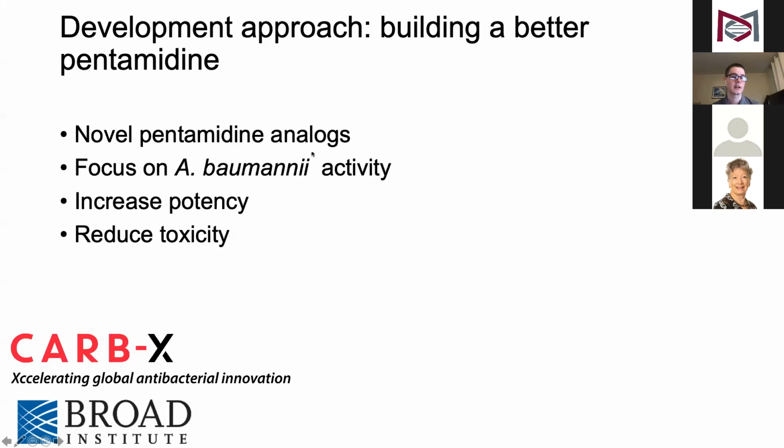So our strategy was to develop novel analogs. So this would take care of the intellectual property concerns. Our indication we chose to focus on was Acinetobacter baumannii due to our potent in vivo activity previously observed. And we hope to either increase potency or reduce toxicity of pentamidine.